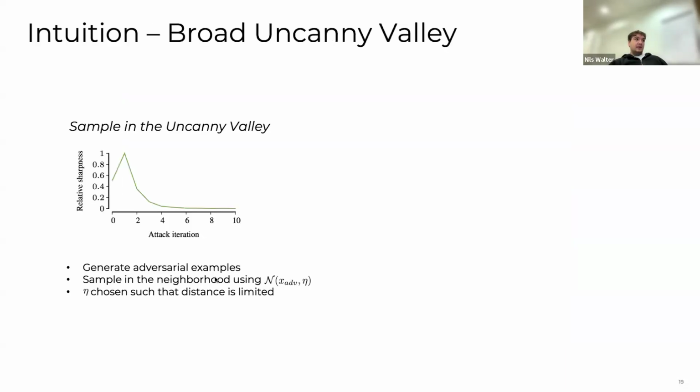If we now try to test this hypothesis, we run these attacks again, but instead of just taking this particular adversarial example, we start sampling in its neighborhood using a normal distribution around the adversarial example, with a variance parameter chosen such that the distance is limited. So it will be perceptible, but it's still not complete noise initially.